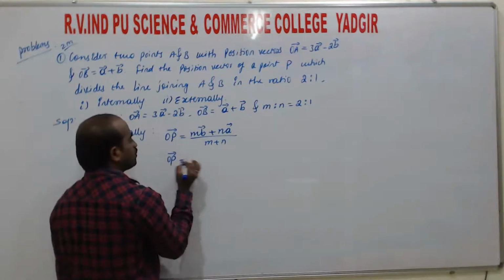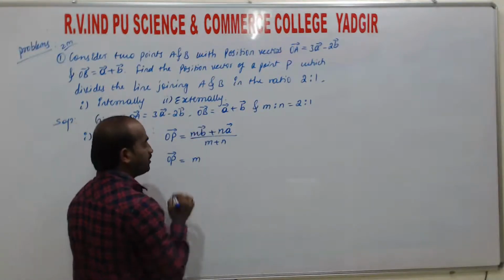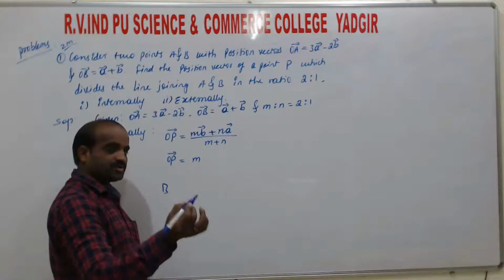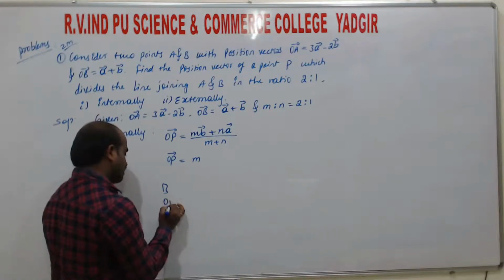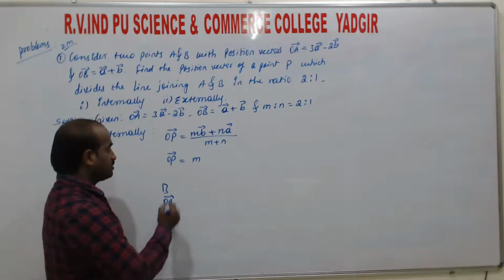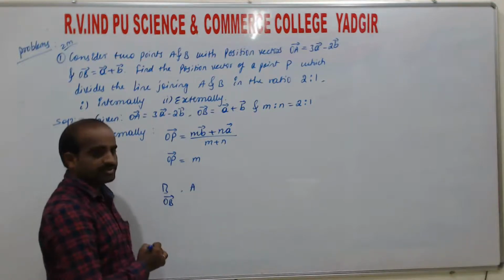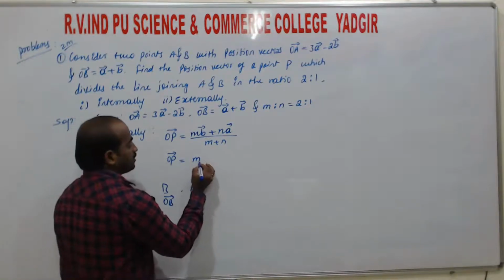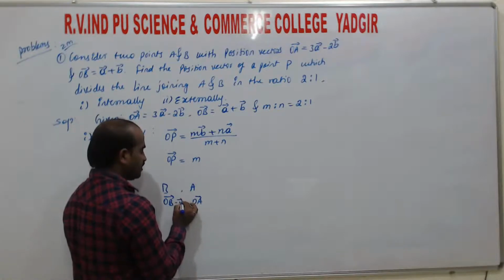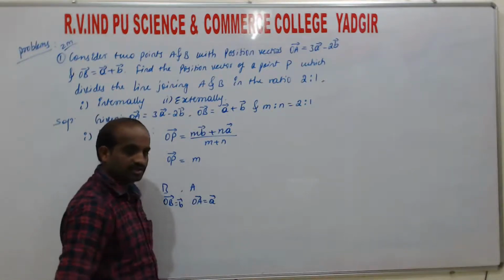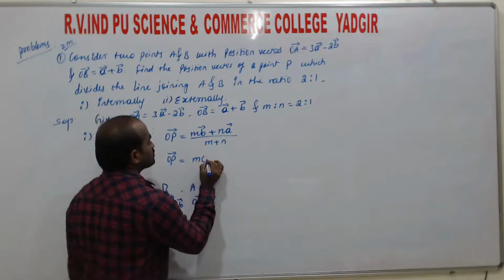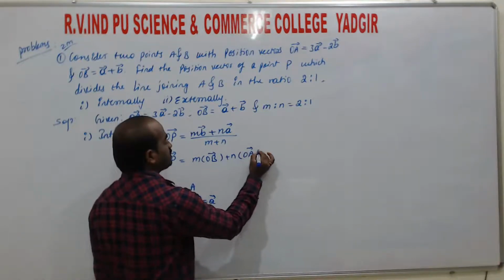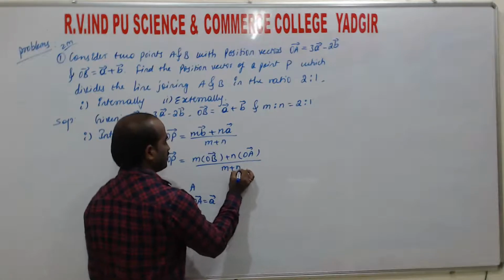OB is the position vector of the point B with respect to the origin O, and OA is the position vector of the point A with respect to the origin O.